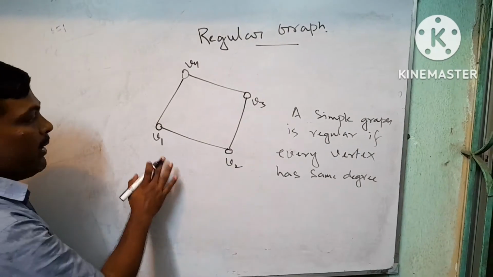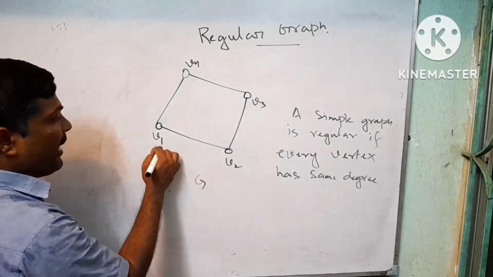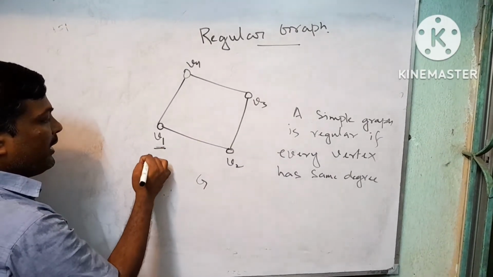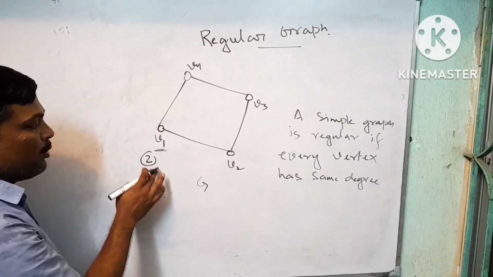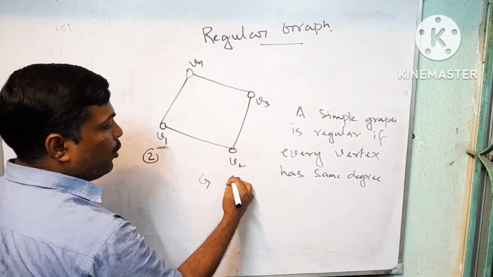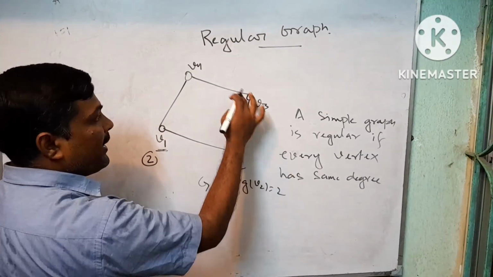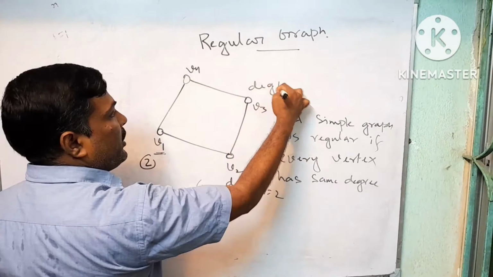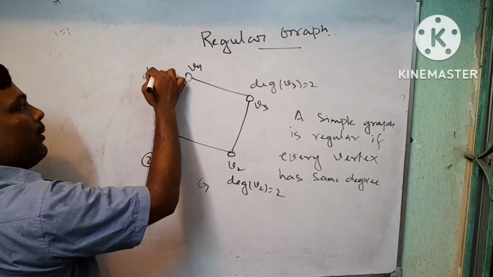So this is one simple graph, no parallels, no self loop, so it is simple. Now the degree of vertex V1 is 2. Two edges are adjacent to this vertex V1. The degree of vertex V2 is also 2, V3 also 2, and V4 is 2.